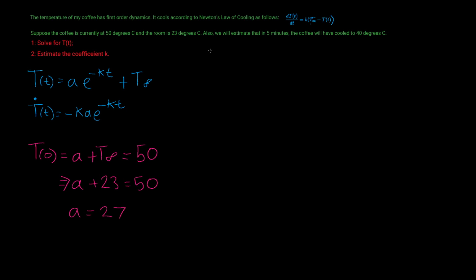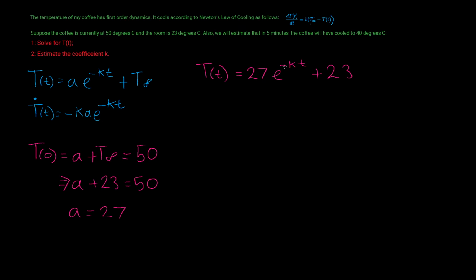So we can substitute that back in up here. So our temperature at time t is equal to 27 e to the minus kt plus 23. And now we just need to solve for our k term.